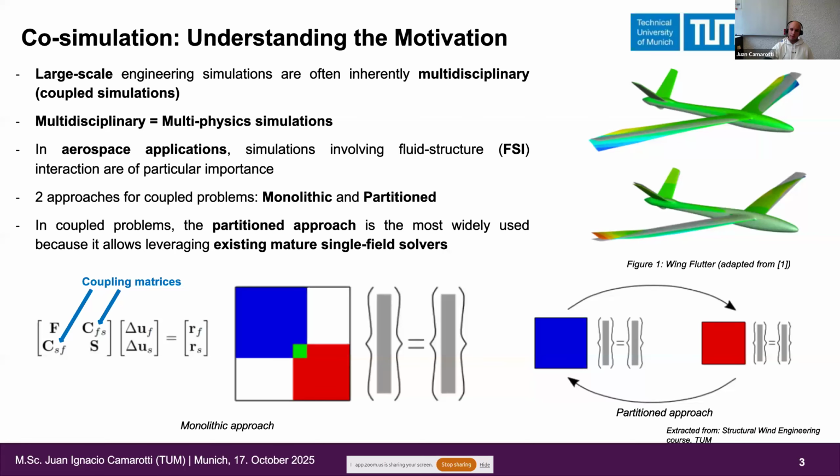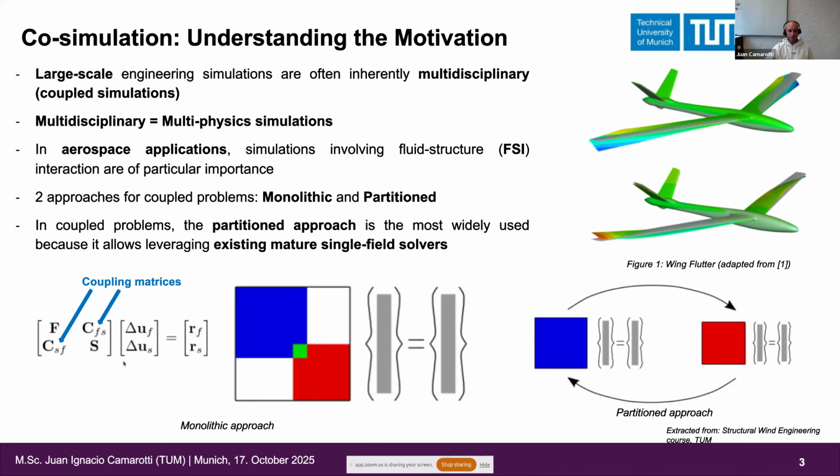And in order to do these coupled simulations, basically, we usually have two different approaches. One of them is the monolithic approach, in which basically the two different physical domains are coupled together by solving a very big problem in which the variables coming from both domains are solved together. So here we have basically the mathematical formulation.